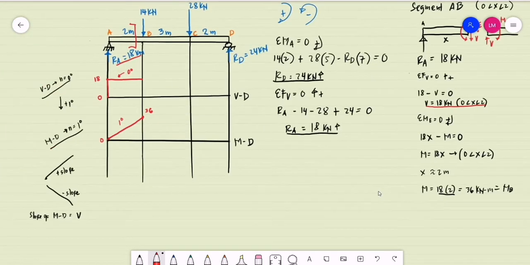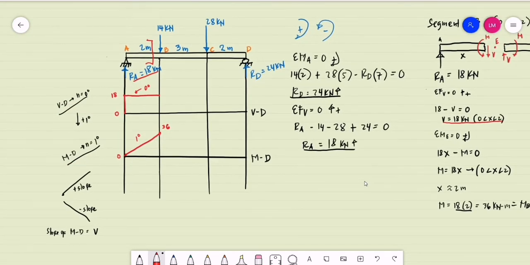Then we proceed to our next segment, segment BC.